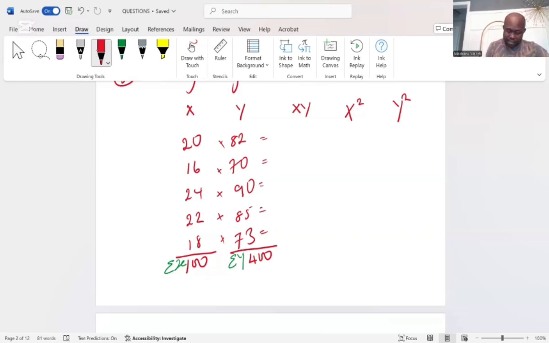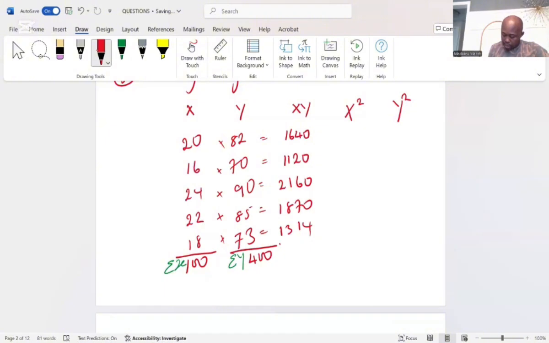So what do I have here? 1640 and 1120. Okay. What do I have here? 2160. Okay. 1870 and 1314.